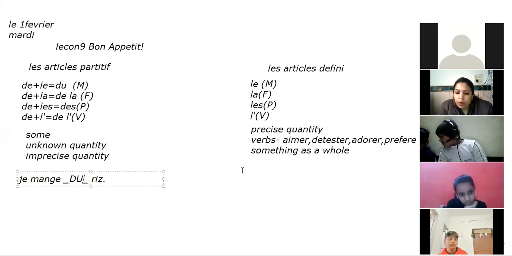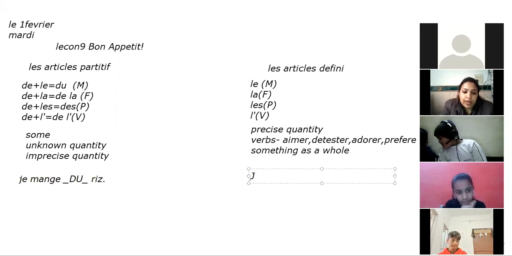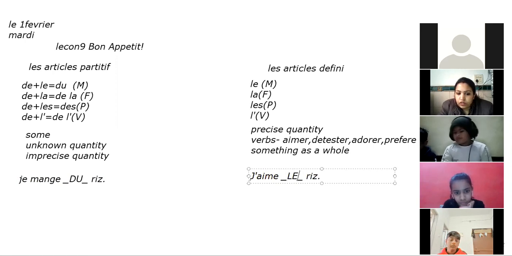And here I am talking about j'aime dash riz. I love rice. Specifically, we are denoting what we love. We love rice. It is sure that we love rice. So here I am going to place le. So just see the difference. What is the difference? J'aime le riz, je mange du riz.